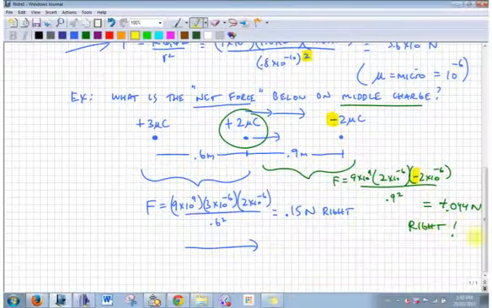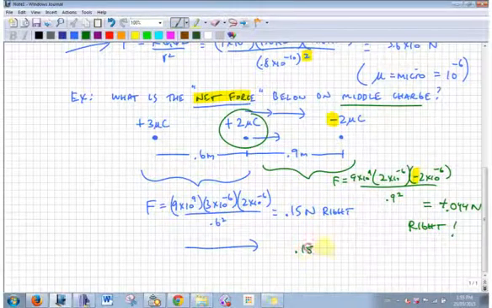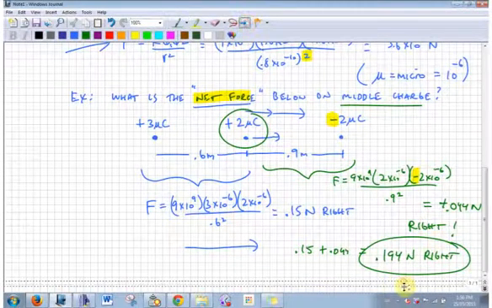That thing's right, that thing's right. So the net force here is that one plus that one, which is 0.194 newtons. Make sense?